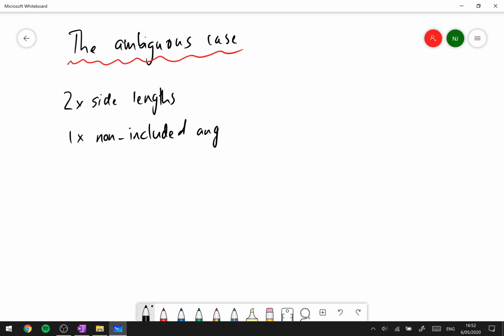Included angle. Okay, so the ambiguous case has to involve these 3 things. Any other situation, you're fine to just use the Sine Rule with no repercussions.